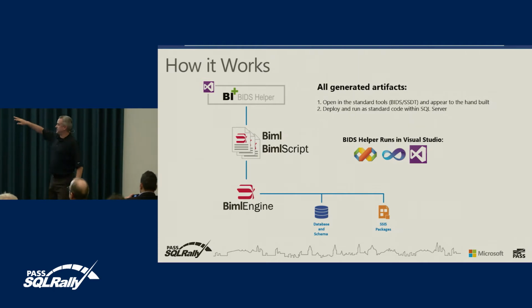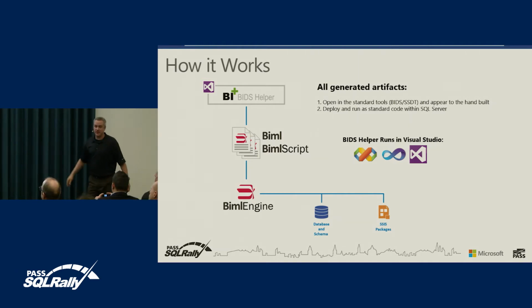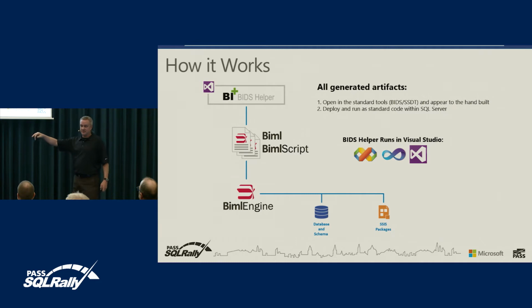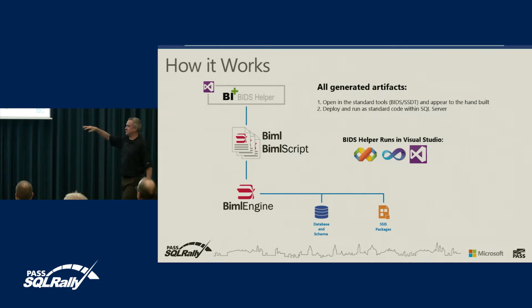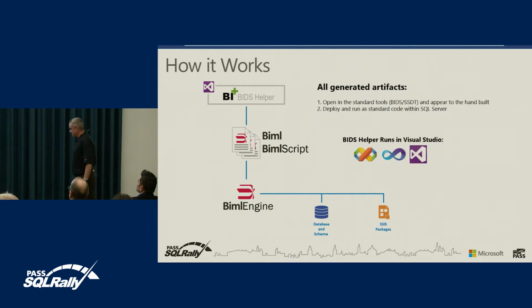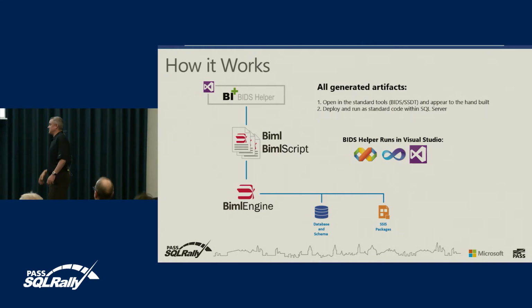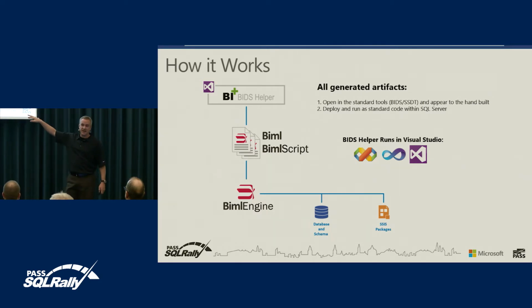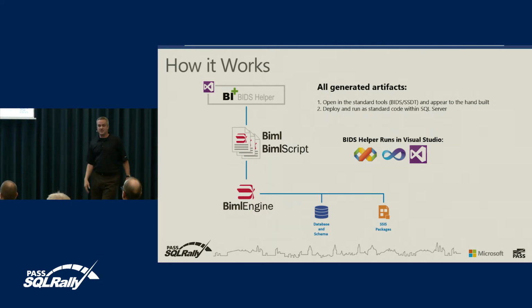So within Visual Studio, you have the BIDS Helper add-in running. You can use a script or multiple scripts, and you can compile those by right-clicking on them and saying generate SSIS packages. You send that to the Biml engine, and you can create database objects and SSIS packages. Really, it's a misnomer to say database objects. How we usually do that is we create SSIS packages that create those database objects for us.